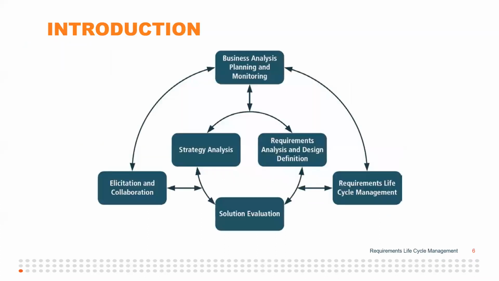All right, so this is the usual thing that you've seen here, showing the relationship between the various knowledge areas. And once again, as we've seen in the previous chapters, it all feeds back into each of the different knowledge areas, so it's very, very interrelated.